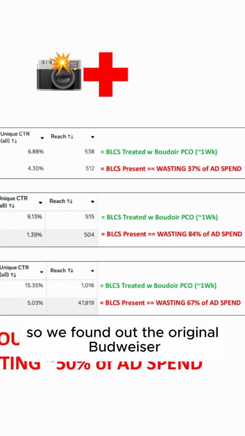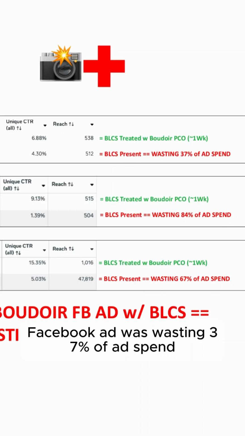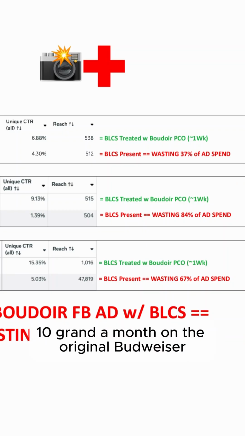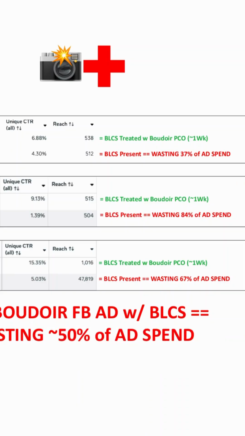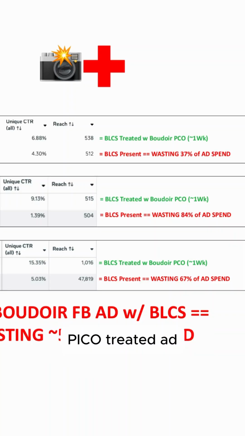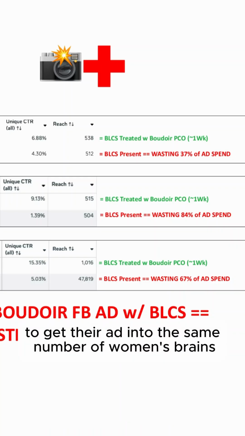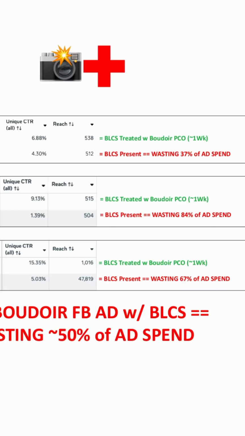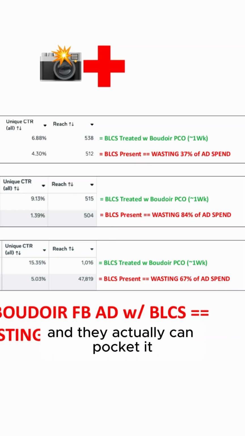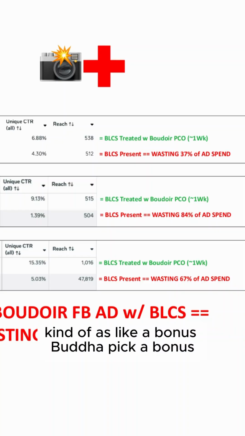So we found out the original Boudoir Facebook ad was wasting 37% of ad spend, which means that they're spending 10 grand a month on the original Boudoir Facebook ad. Now they only need to spend $6,300 a month on the Boudoir Pico treated ad to get their ad into the same number of women's brains. So they no longer have to spend that money, and they actually can pocket it kind of as a bonus, a Boudoir Pico bonus.